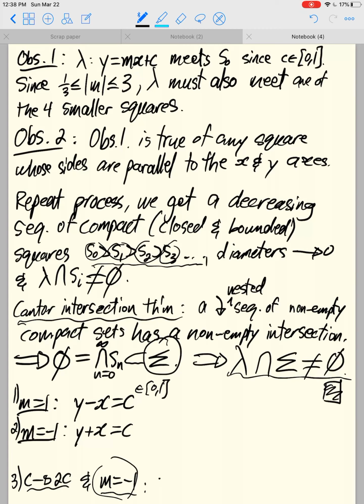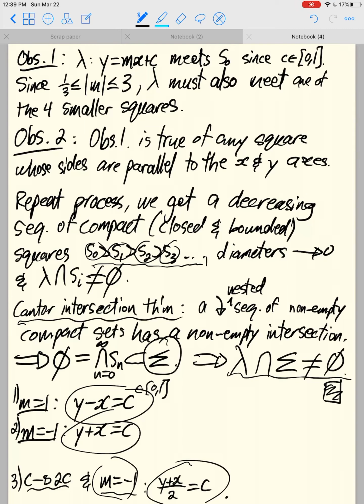And anyways, this leads us to y plus x over 2 equals c, which is the average of points in the Cantor set fills the unit interval. And that is it, I believe.